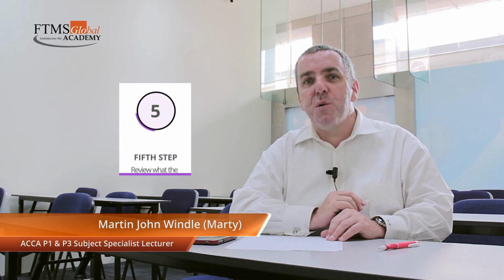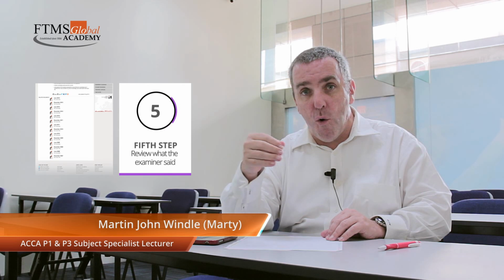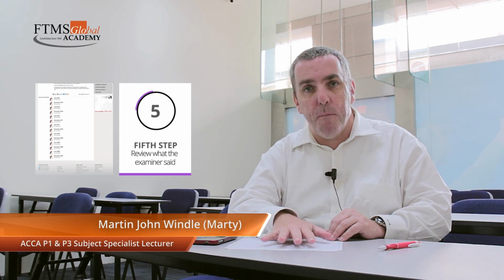Step 5 is also a very important step. Go to the ACCA website. Under P3, you've got all the different examiner's reports. What you do is find the examiner's report for the question that you've just completed.